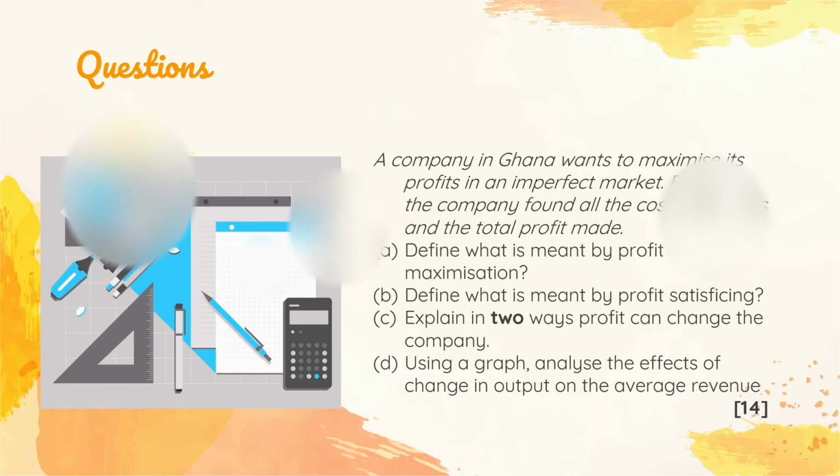Okay, a company in Ghana wants to maximize its profit in an imperfect market, for which the company found all the costs, revenue and total profits made. Define what is meant by profit maximization. Profit maximization is an objective of a firm where the firm wants to earn maximum profits.